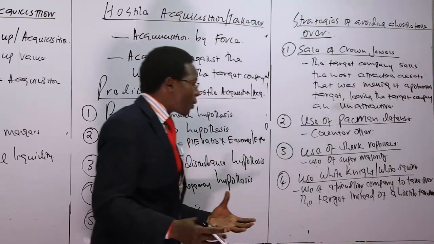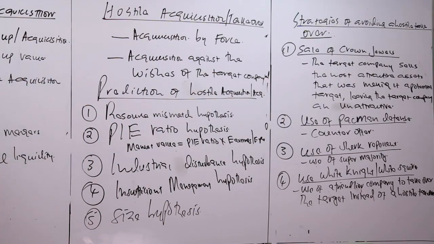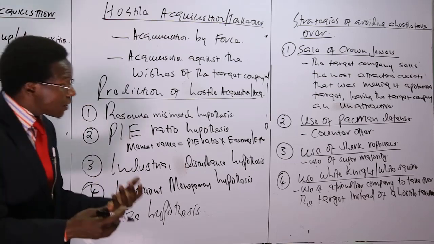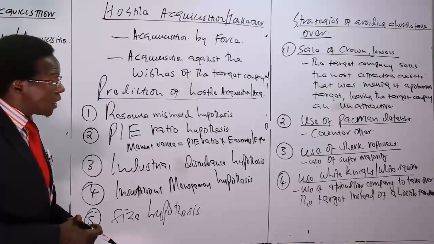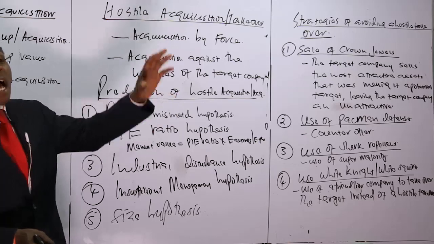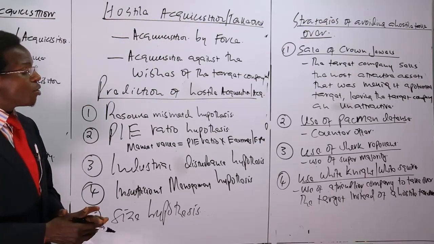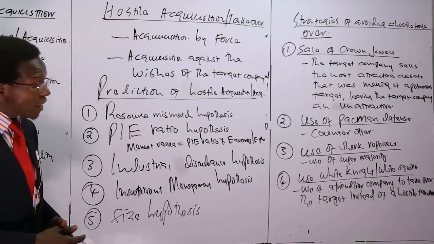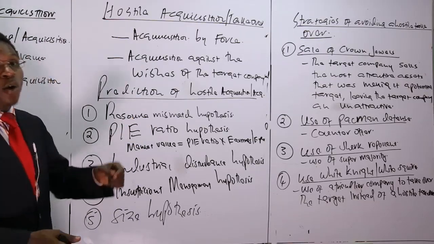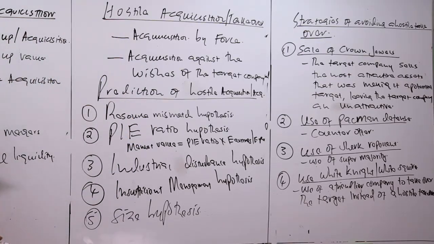So the target company will look for a friendlier company that can easily merge with it or take it over. In the process, they will have defended themselves from being taken over by the hostile company or by the hostile predator.